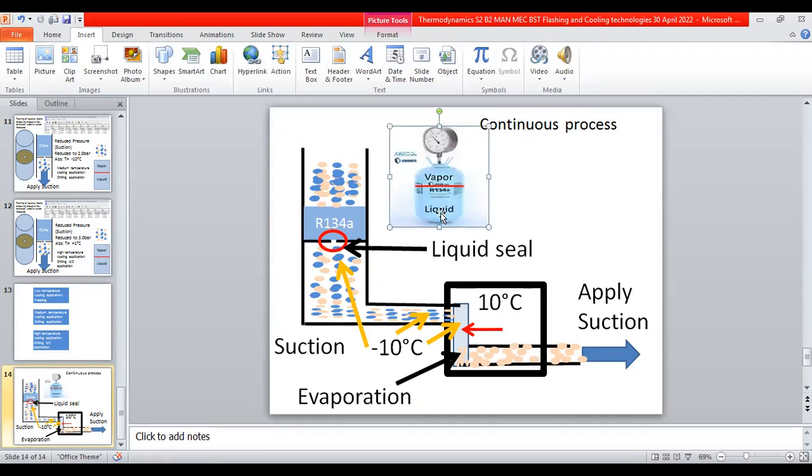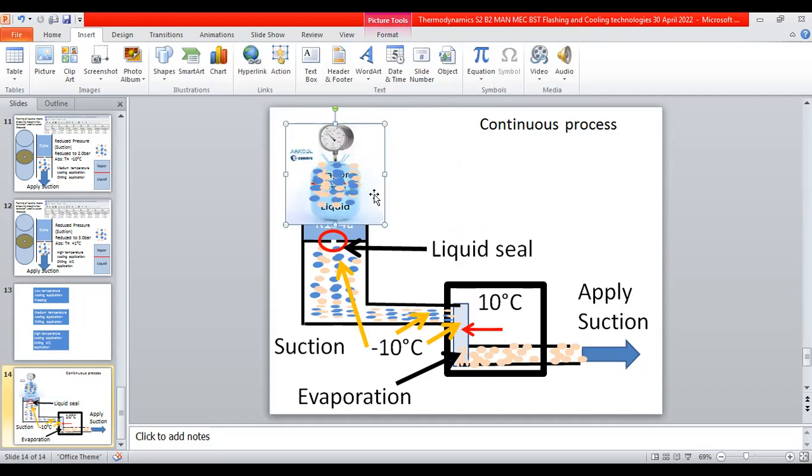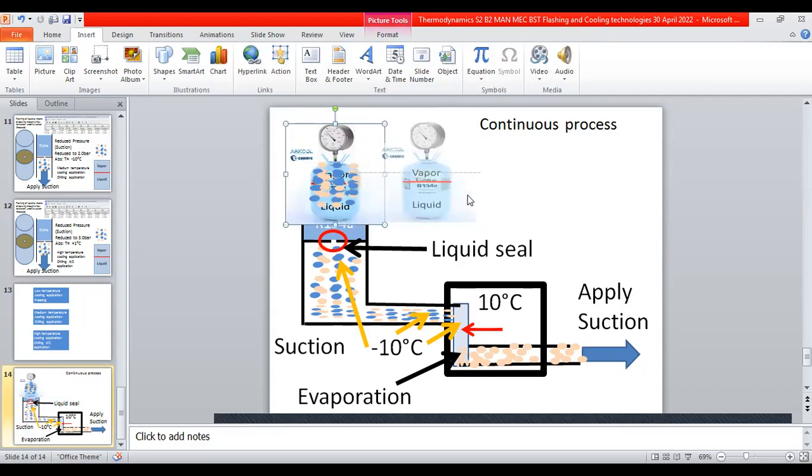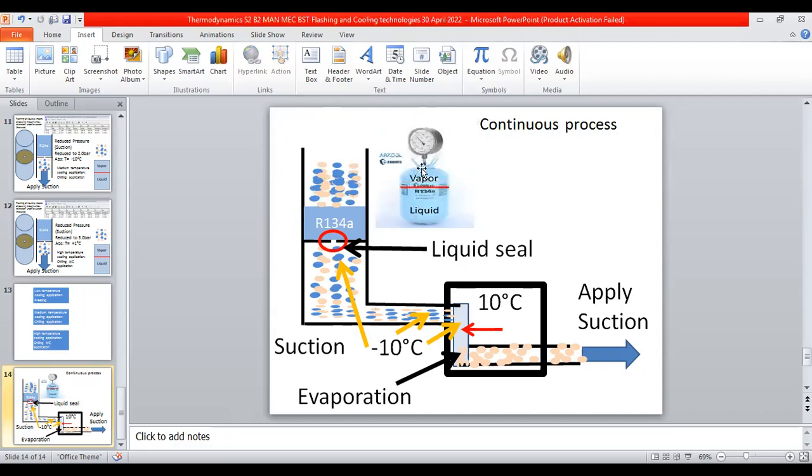So this area is something like this. Vapor and liquid equilibrium takes place here, but here should be liquid seal definitely.